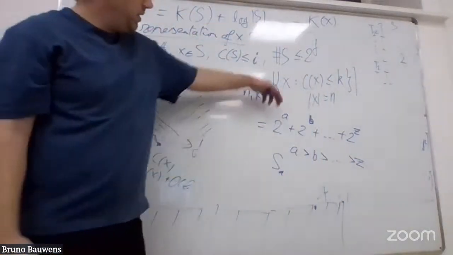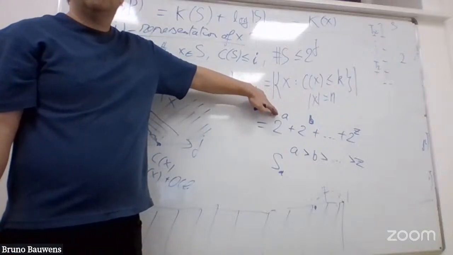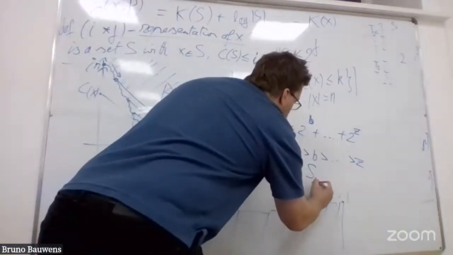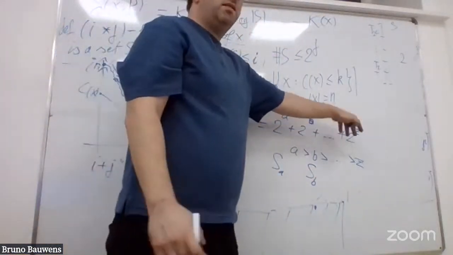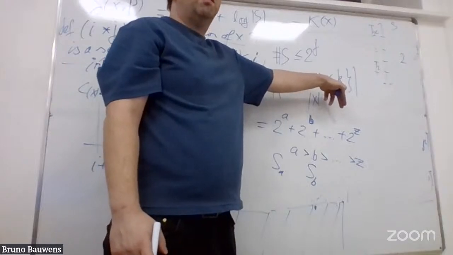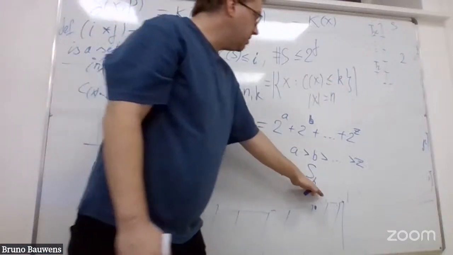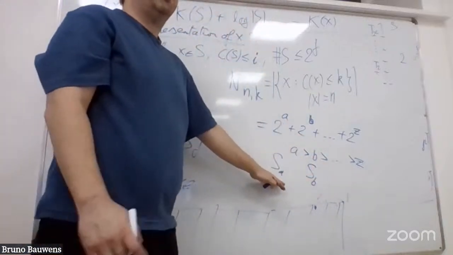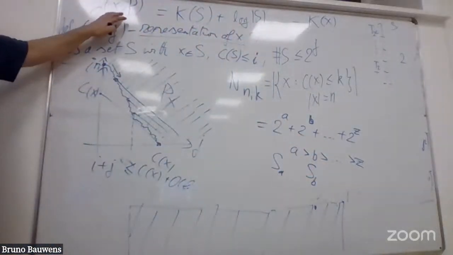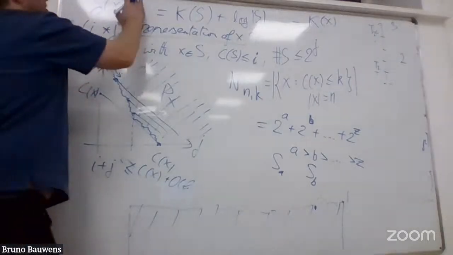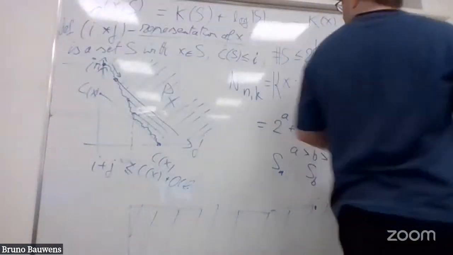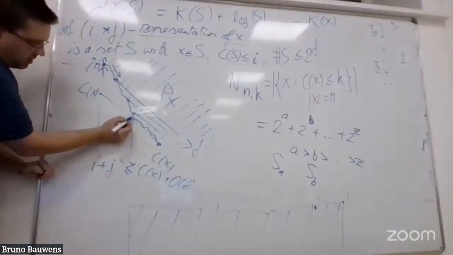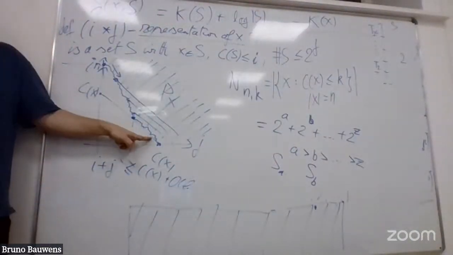So S_A will be the 2 to the power A first strings. S_B will be the 2 to the power B next strings. S_C is the next, and so on. So here we define all sets. And it turns out that these sets are the minimal sufficient statistics. Okay, so if a set S satisfies this property, the minimal sufficient statistic is just the model for which you are reasonably close to this line.